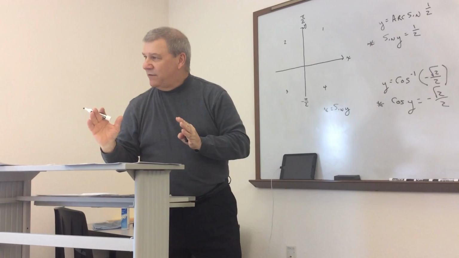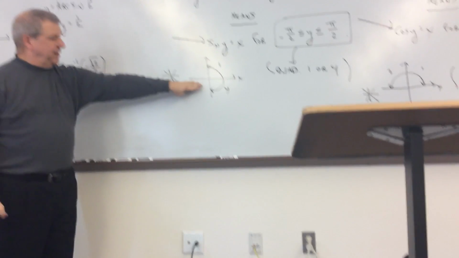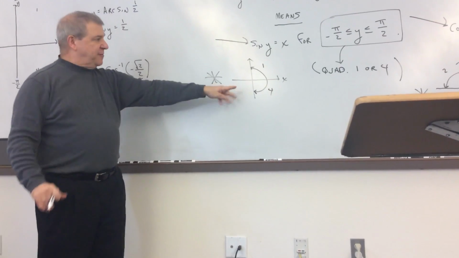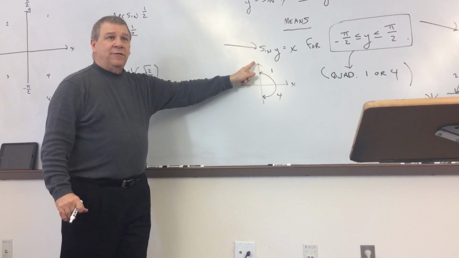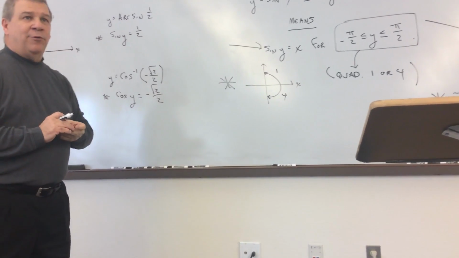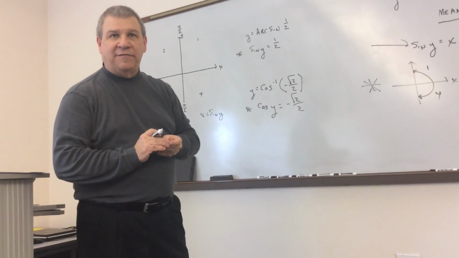Is that what you said? I said fourth. But wait a minute. 1 or 4. You see this? Every inverse sine problem, the answer can only be from there to there. If it's an inverse cosine problem, the only place the answer could be is 1 or 2. Do you see it? Okay, now listen to me.